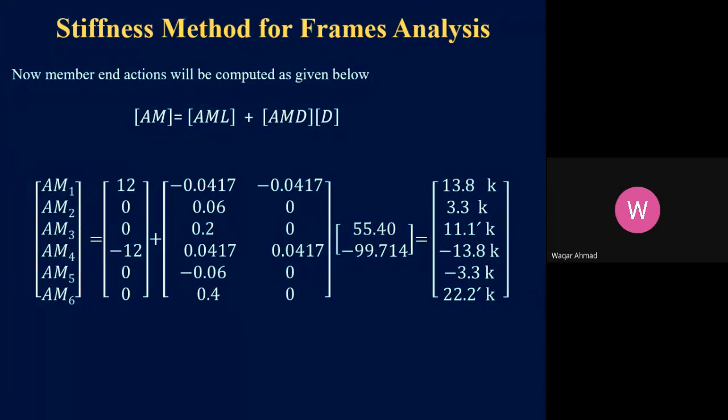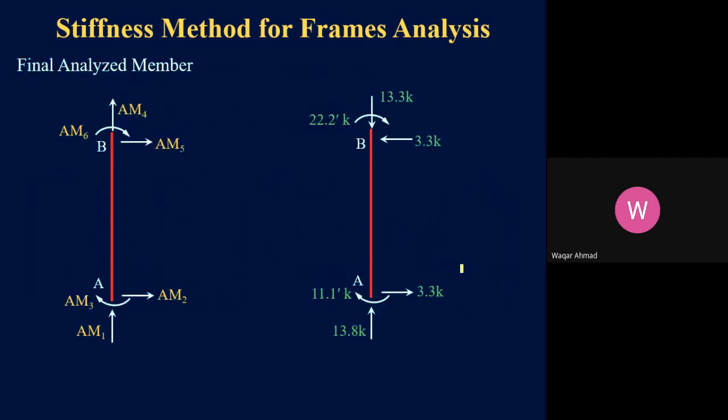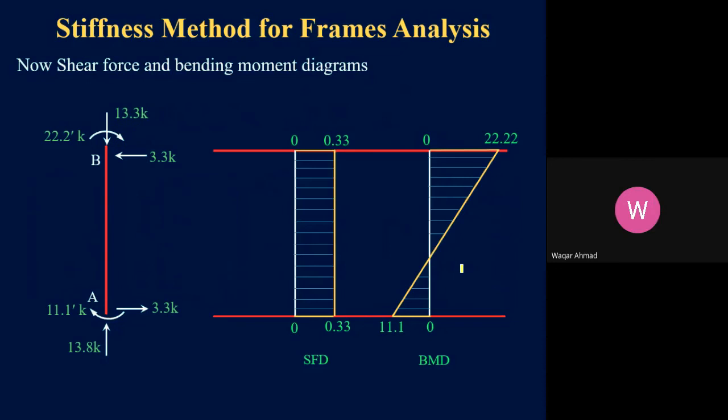Now we need to put all those values in this equation of the AMD matrix, and the D matrix we already obtained initially. So now when you solve these matrices, you come up with these values of your member actions for member AB. So now you need to draw the shear force and the bending moment diagram for this member AB. This is the shear force and the bending moment diagram.